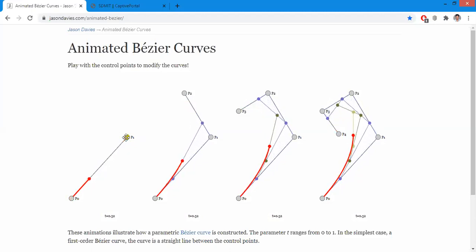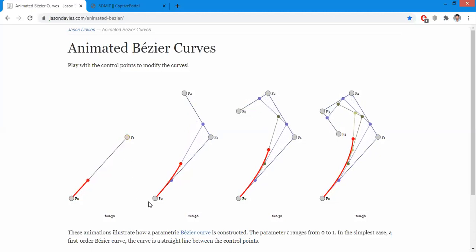This is a simple curve with two control points. In Bezier curve, the most important thing is, if there are two control points, then the degree is 1.